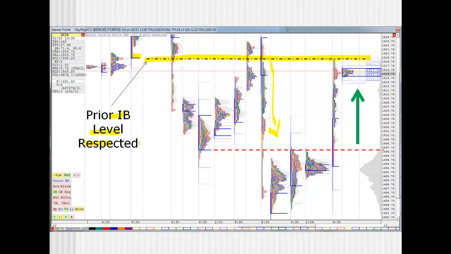Well, what is it about the initial balance that makes it so important? Well, you need to appreciate the fact that what happens in the initial balance is going to dramatically influence developments for the day's trading session and trading activity.